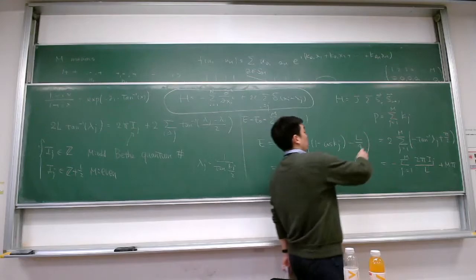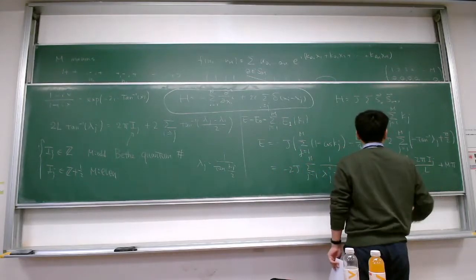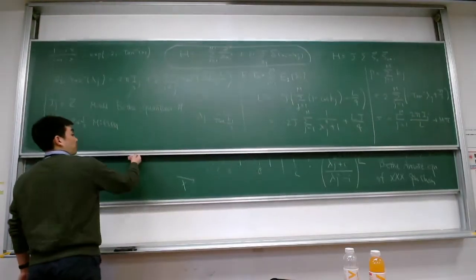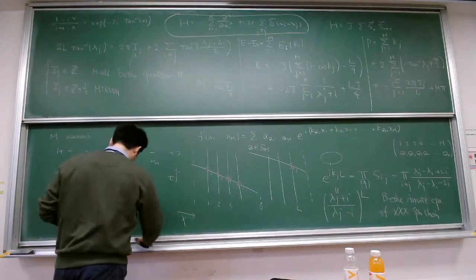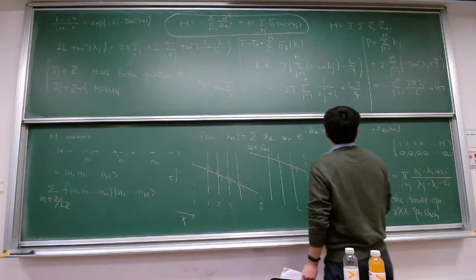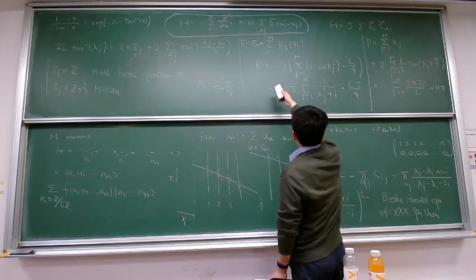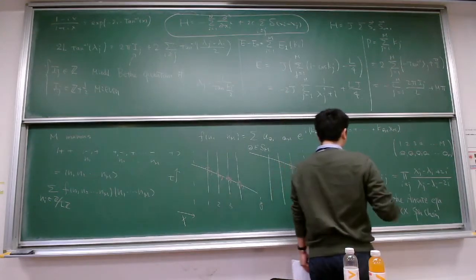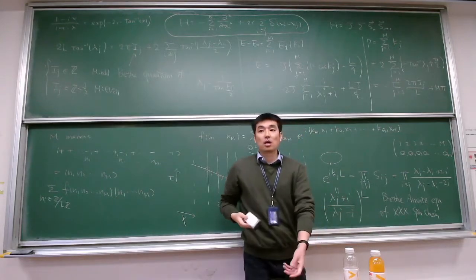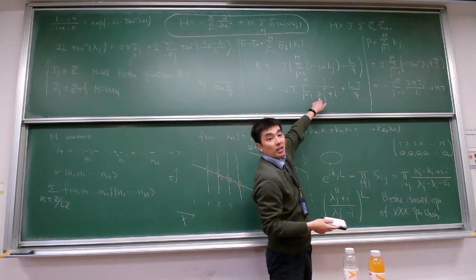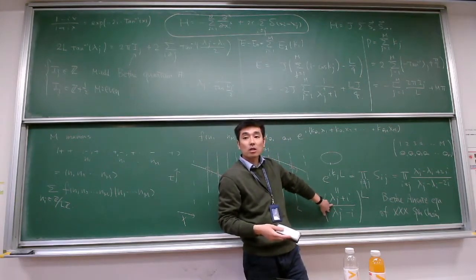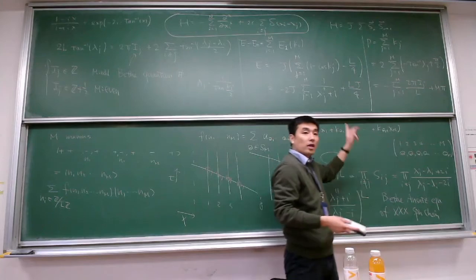Everything can be written in terms of this Beta quantum number. To get this energy exactly, one has to solve this Bethe ansatz equation. Do you understand? To get the lambda exactly, one has to solve this algebraic equation, to get the energy and the momentum.